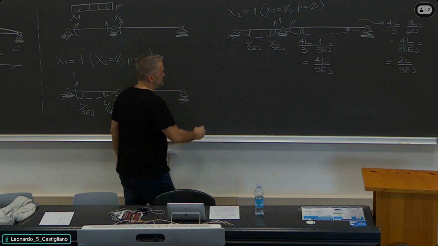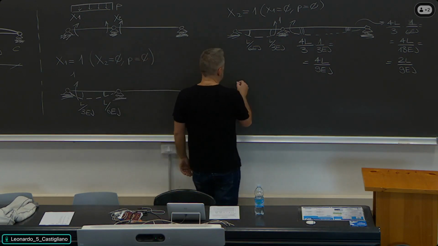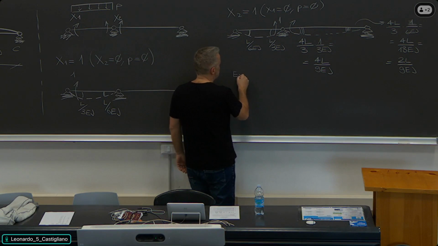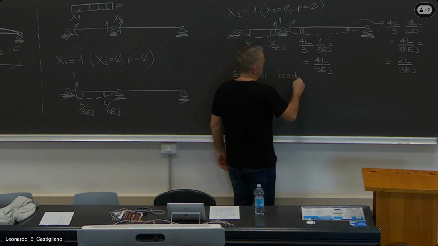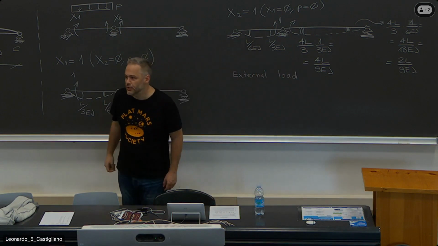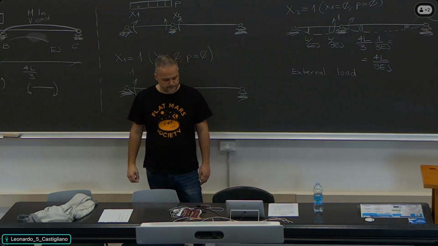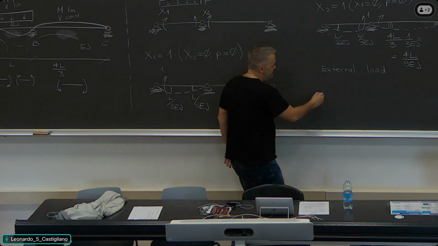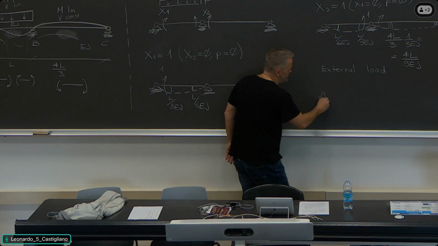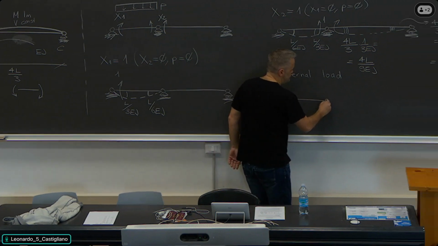Finally, external load, which means x1, x2 equal to 0. What happens when the external load is applied just on the first span?